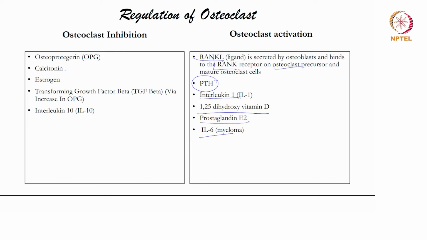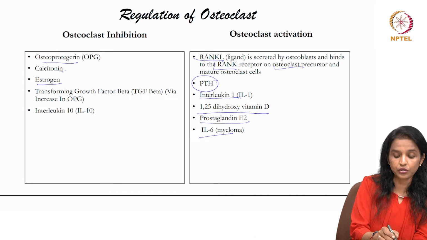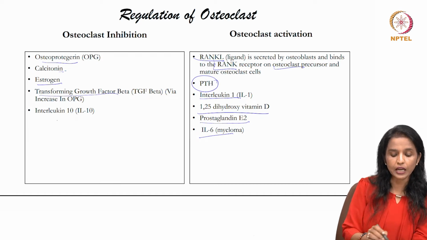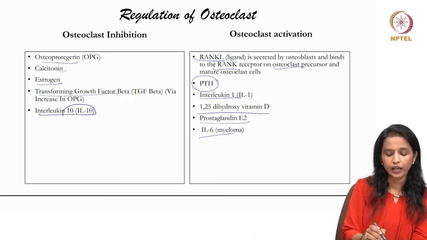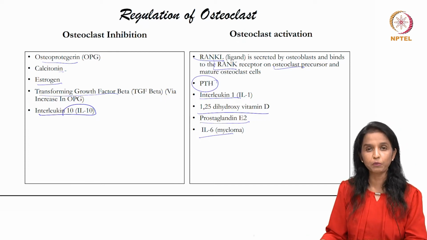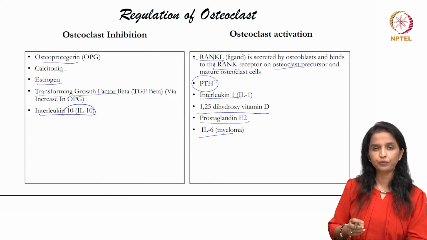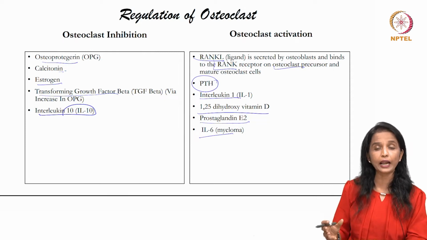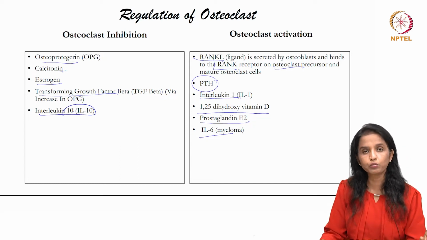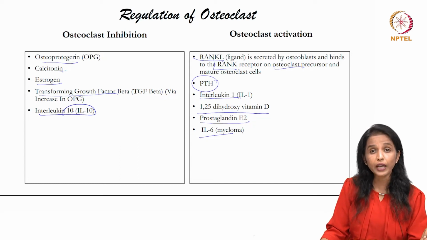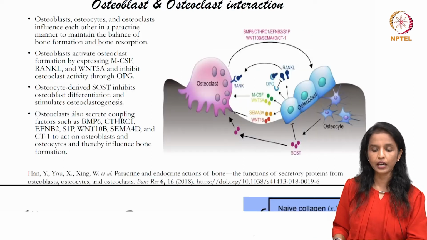And then further we have osteoclast inhibition happening because of osteoprotegerin, calcitonin, estrogen, TGF-beta and interleukin 10. So, all these are very important regulators which either activate or inhibit. There is an array of molecules which are responsible to regulate the osteoclastic activity.